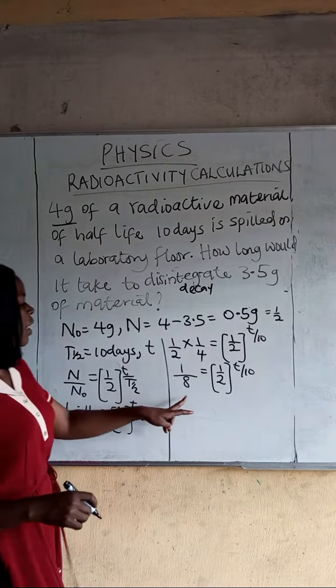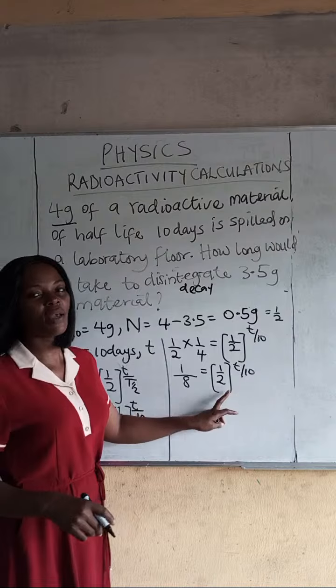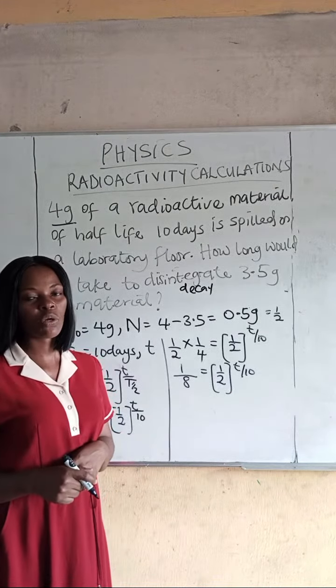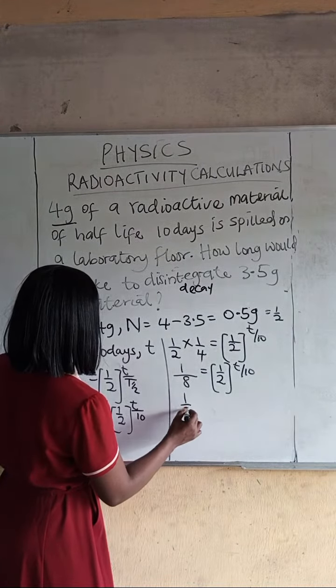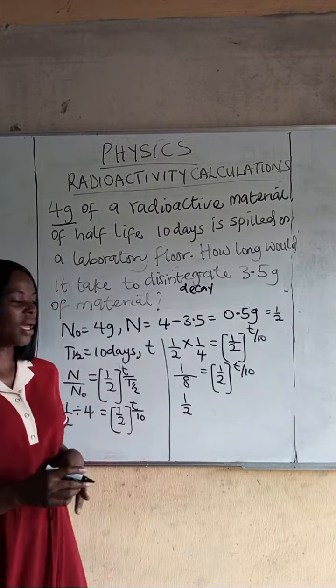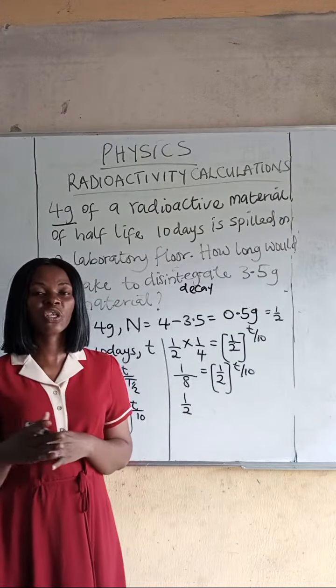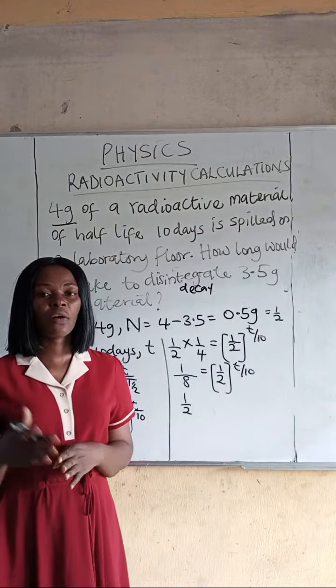If I want to change this to be in the same form as this one, I would say this is 1 over 2. 2 raised to the power of 3 is going to give me 8, and 1 raised to the power of 3 is going to give me 1.